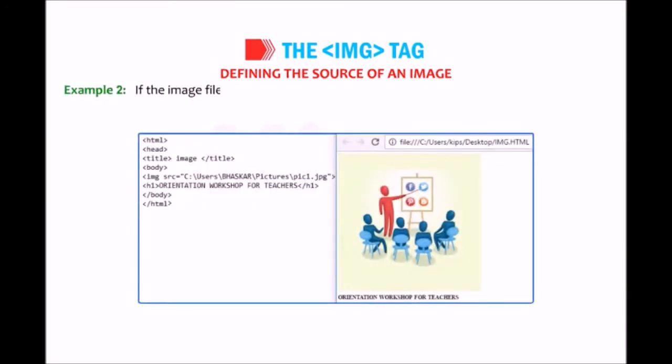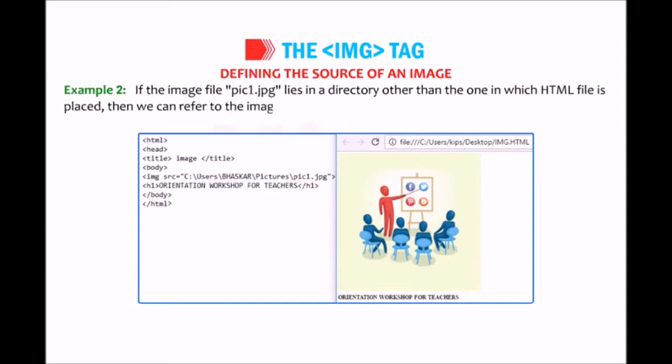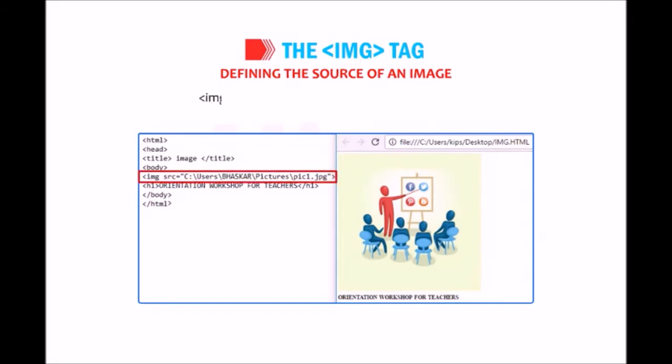Example: if the image file pic1.jpg lies in a directory other than the one in which the HTML file is placed, then we can refer to the image by specifying full path of the file. img src equals to c:/users/bhaskar/pictures/pic1.jpg.